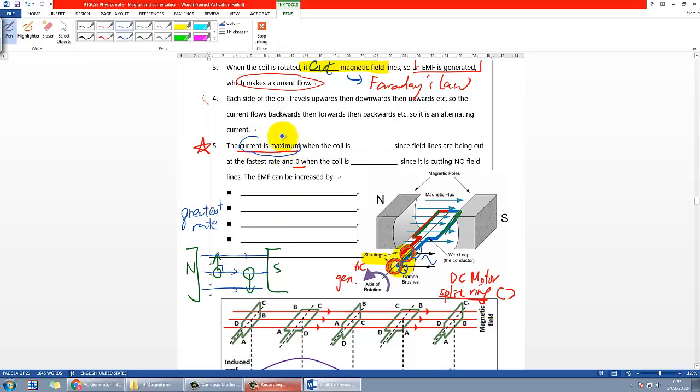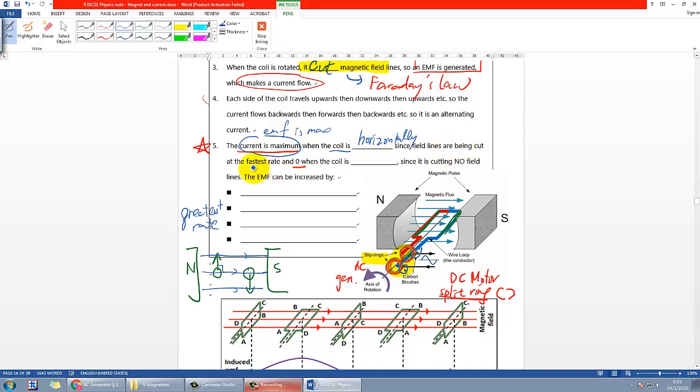So current will be maximum, since EMF is also maximum, when the coil is, you may say, parallel to the magnetic field, or you may say the coil is placed horizontally. In fact, I like parallel, but I think it may be easier for you to understand as horizontal.